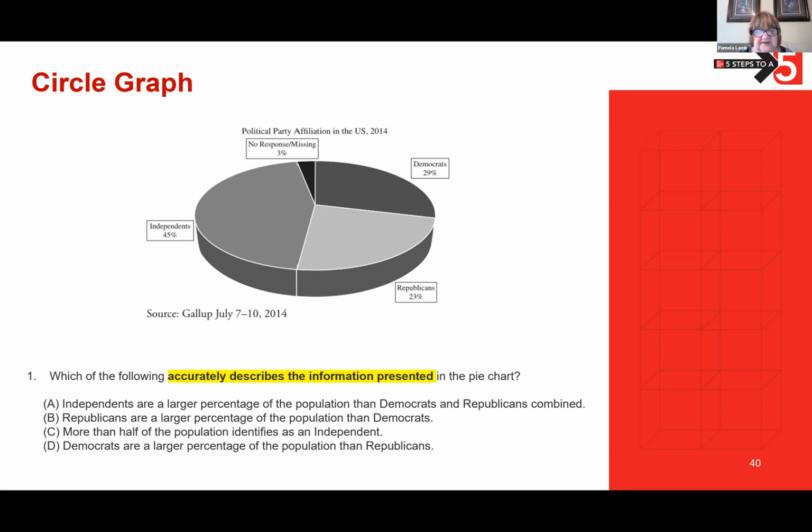Republicans are a larger percentage of the population than Democrats. More than half of the population identifies as independent, or Democrats are a larger percentage of the population than Republicans. Well, Democrats are 29%, Republicans 23%, independents 45%, so they're not more than half.